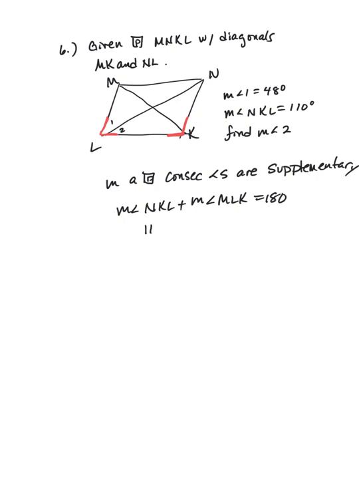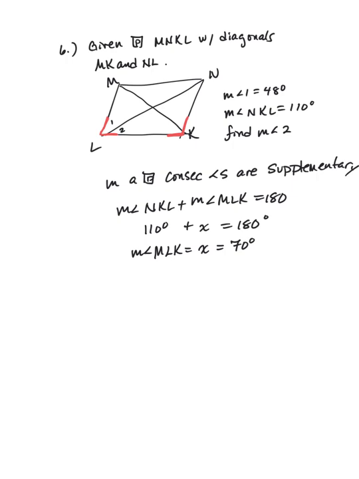But we already know that this is 110. So therefore, the measure of angle MLK is equal to 180 minus 110, which is 70 degrees.